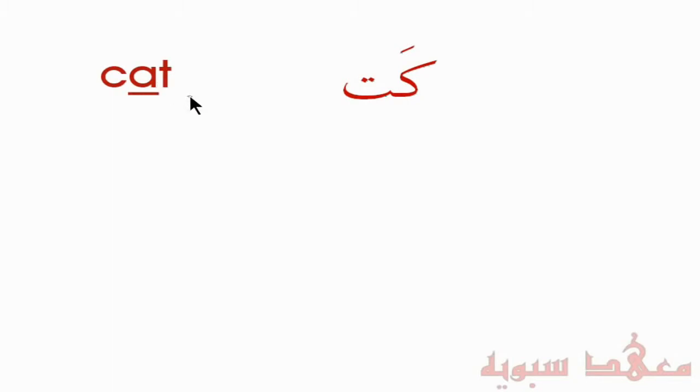It's actually just a stop on the T. So in this case, we would actually put a sukoon there. Cat. If we gave it actually a mark, for example, the fatha, it'd be kata, or katu, or kati.